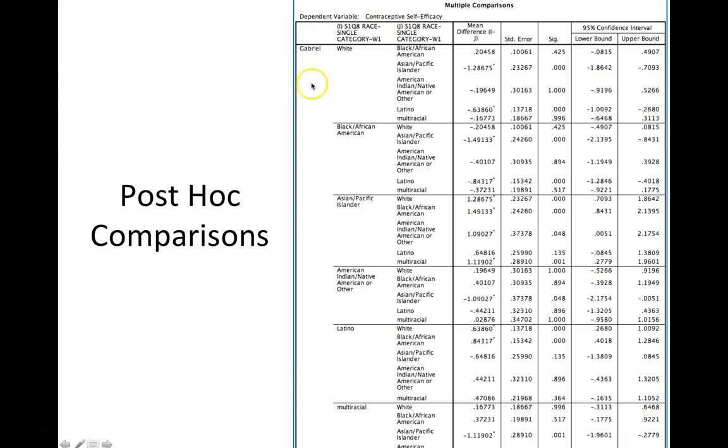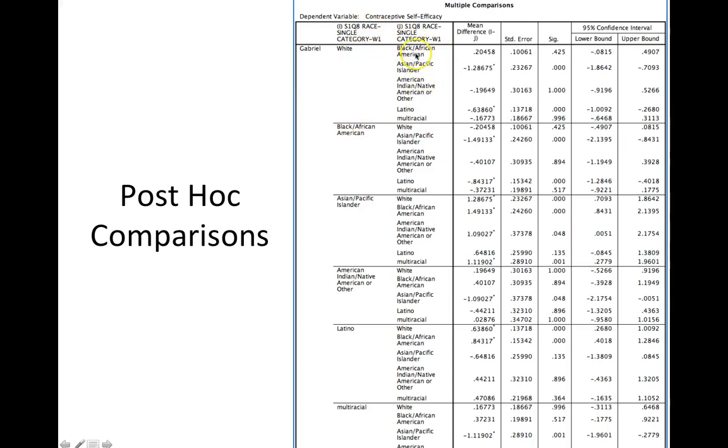As I mentioned, I did the Games-Howell post-hoc comparisons here because we did have inequality in our group variances. So what we're looking at now, we have over here each of our racial and ethnic categories, and then here we have them again. What we see here is that this box right here is people who are white compared to each of the other groups.